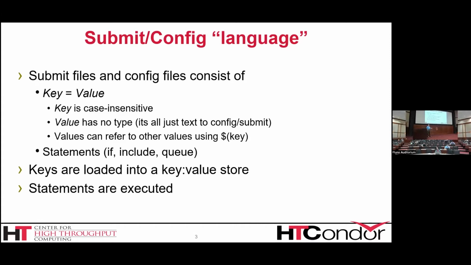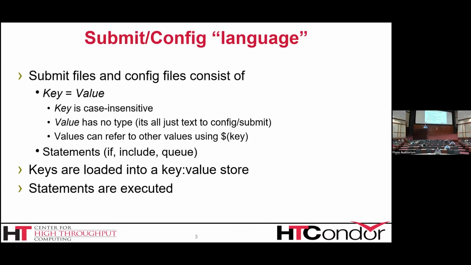It's mostly used to control daemons, though, for the config language. This very same key value store building mechanism is also used to describe submit files. So basically what happens is condor_submit runs, it builds the key value store, and then it uses that key value store to populate the ClassAd that it's going to send to the schedd that represents your job.